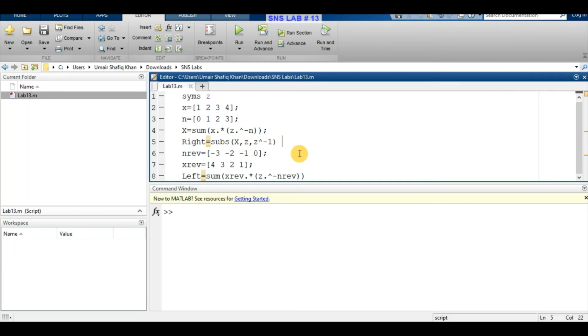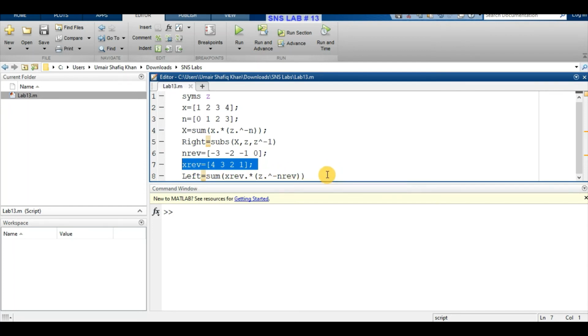After that we will reverse the signal, and here you can see n has been reversed and also the value of x has been reversed.